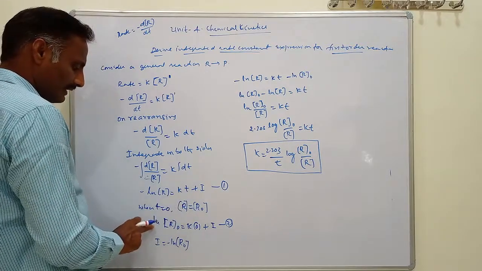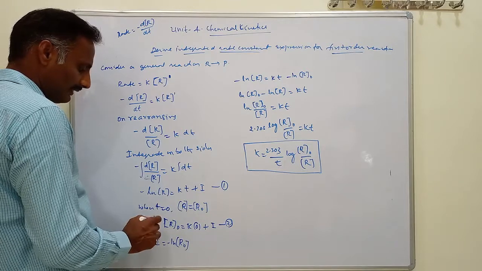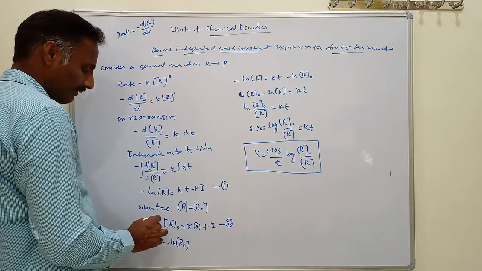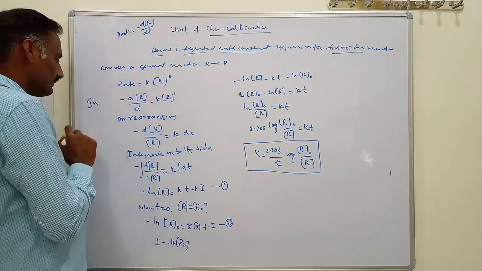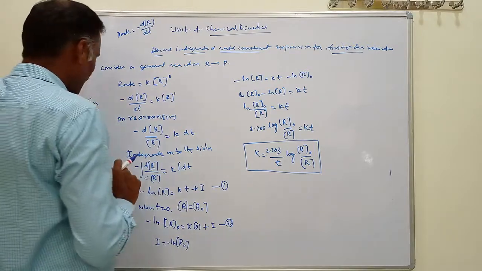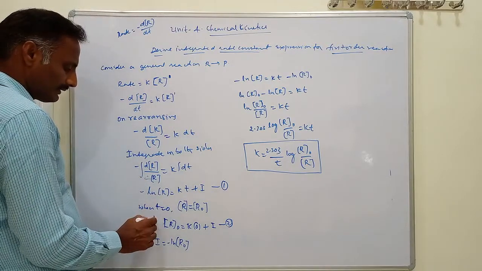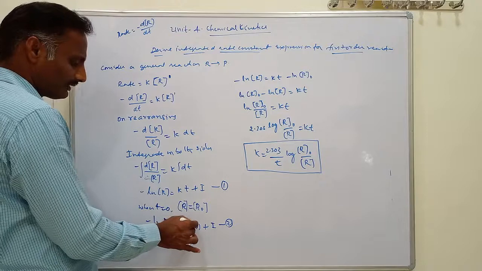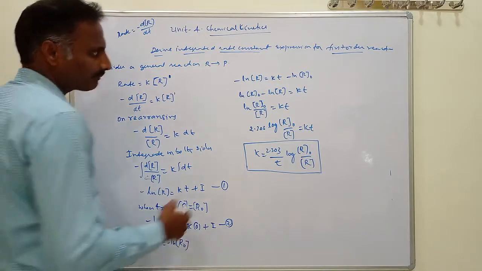Note this is not "in", this is ln. In examinations some students write it wrongly. So ln r naught equals k into 0 plus I, and I equals minus ln r naught.